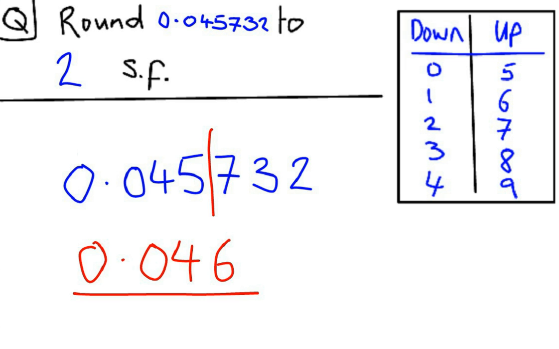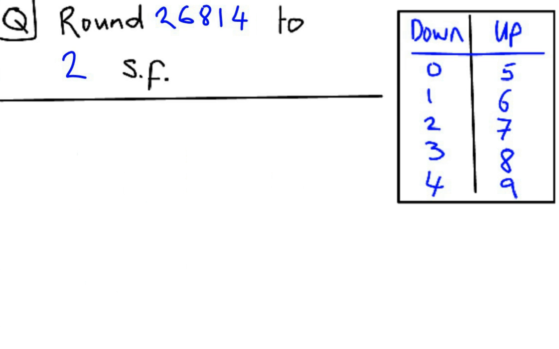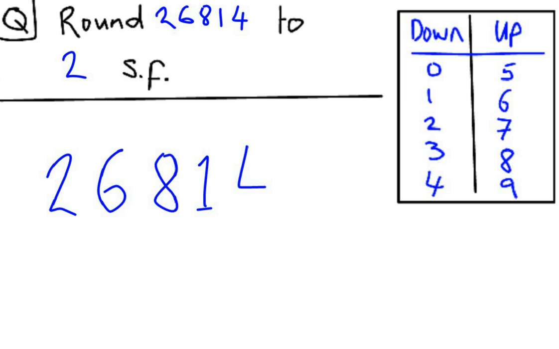Okay, one final example. With this final example, it's asking us to round 26,814 to two significant figures. Now, this is where there is an additional step, and hopefully that will become apparent very shortly. So the first thing I'm going to do is, as always, write 26,814. Now we're being asked to round this to two significant figures.